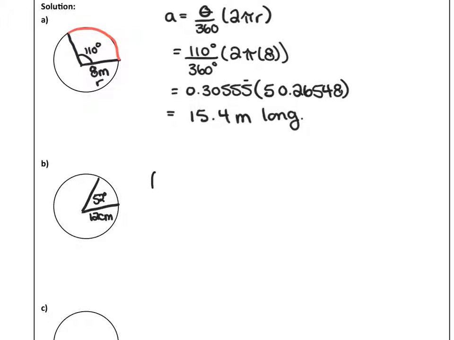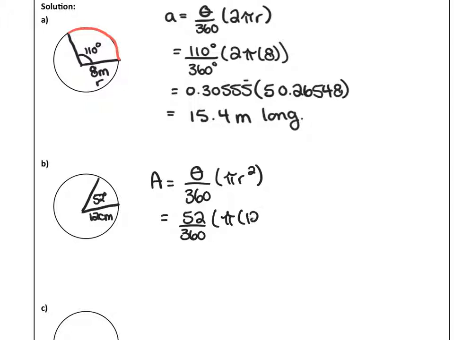Area was theta over 360 times pi r squared. So 52 over 360 times pi times 12 squared.